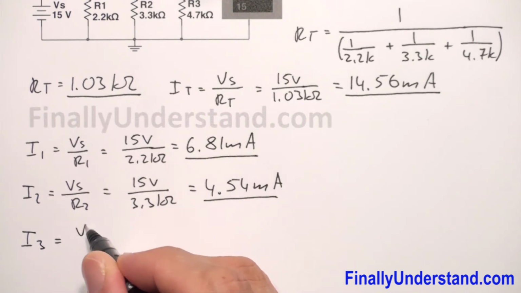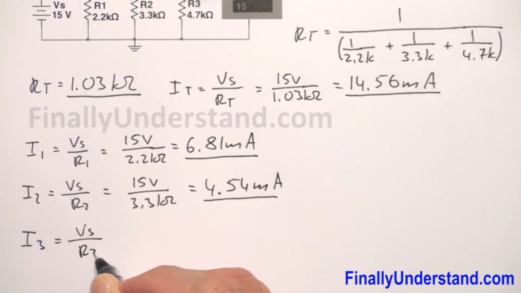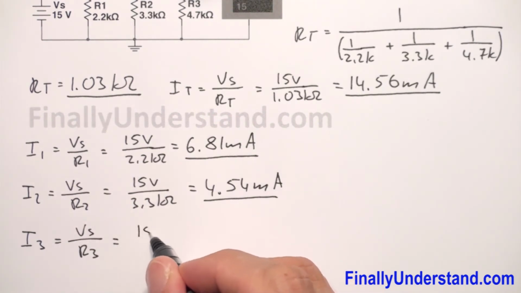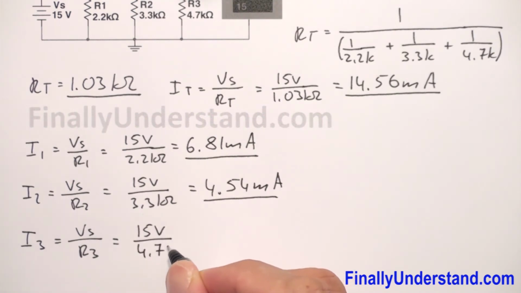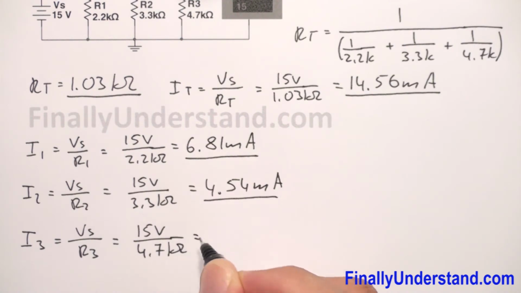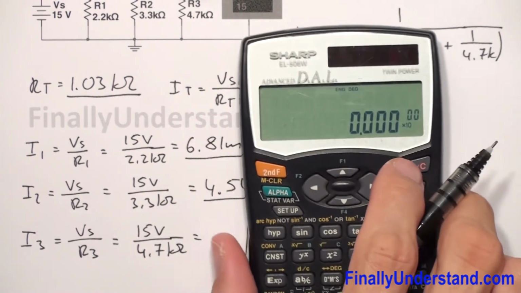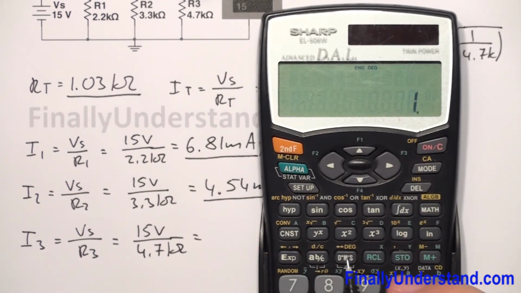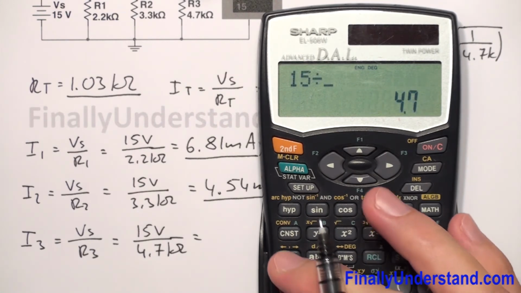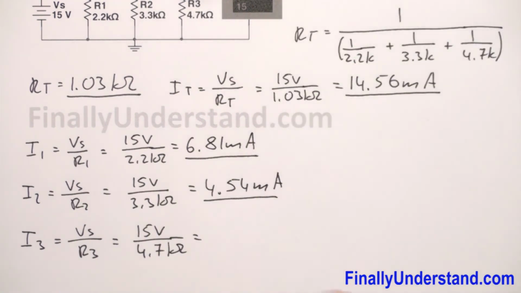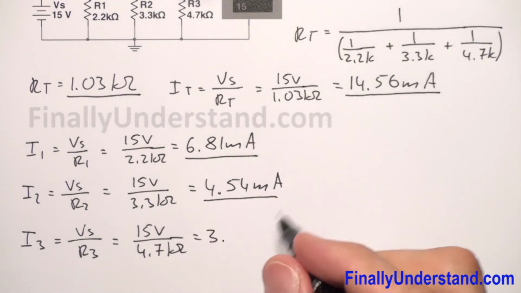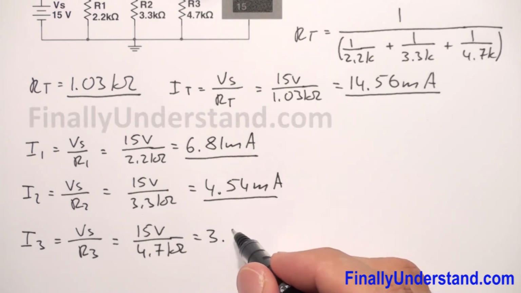I3 is equal voltage source over R3. This is equal 15 volts over 4.7 kilo ohms, and this is equal 15 divided by 4.7 exponent 3. This is equal 3.19 milliamps.